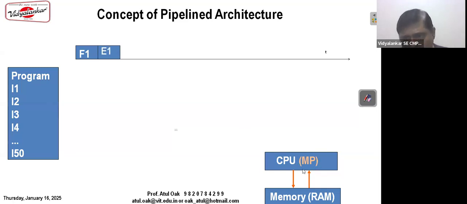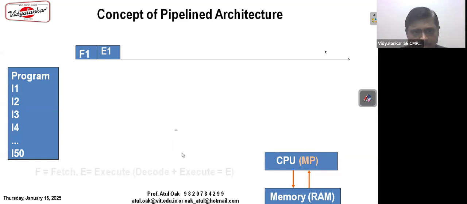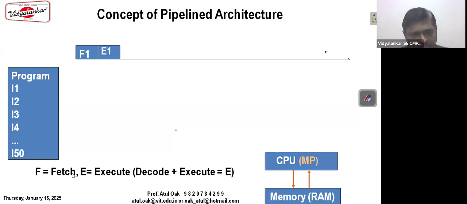Then you decode and execute instruction 1. You can see E1. F stands for fetch, E stands for execute, basically decode and execute. To simplify the diagram, I am representing decode and execute by E. So you fetch instruction 1 into the processor. You decode that instruction.